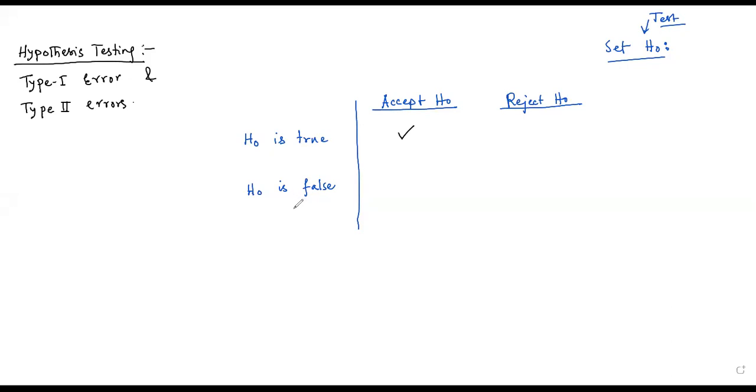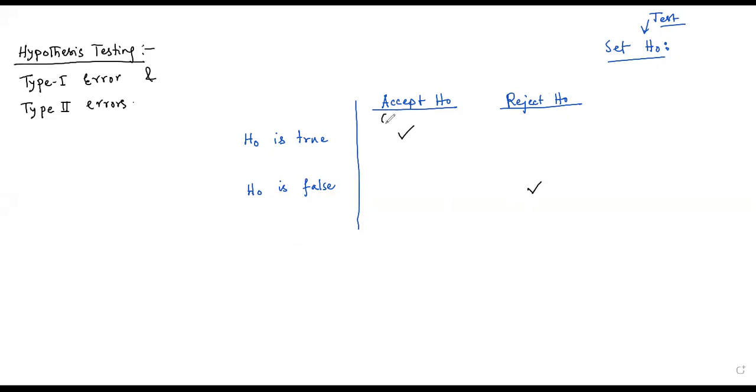Suppose the global scenario is actually that COVID is not decreasing. It is in a dormant stage. And according to our sample, we have also come to the conclusion that the null hypothesis is not true, it is false. So when the null hypothesis is false and we are rejecting the null hypothesis, then it is all right, no problem with that.